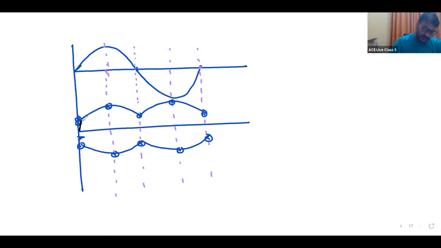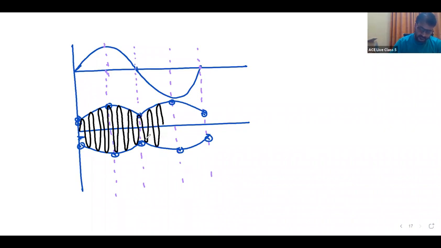The currents are inside also sinusoidal waveform.